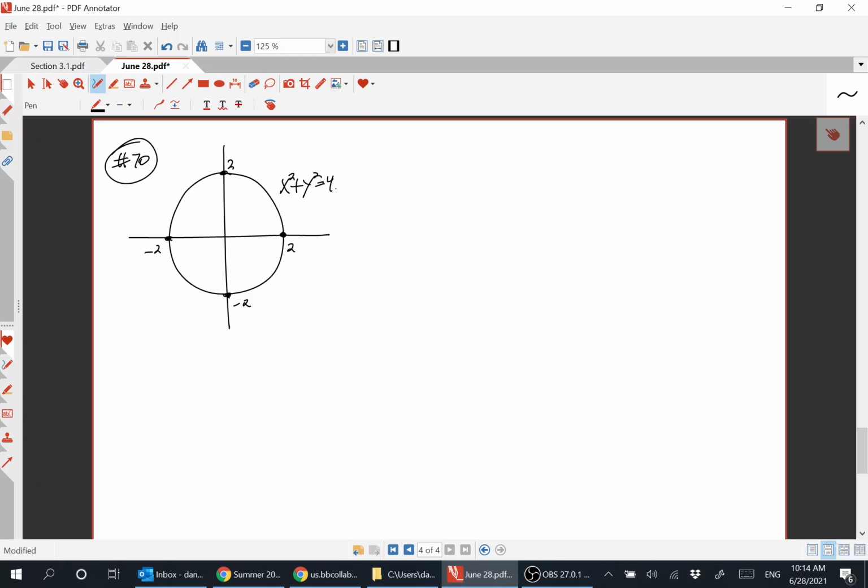One can solve for x and solve for y, but you've always got this problem of satisfying the vertical line test. All right, so this is the circle of radius 2 centered at the origin.